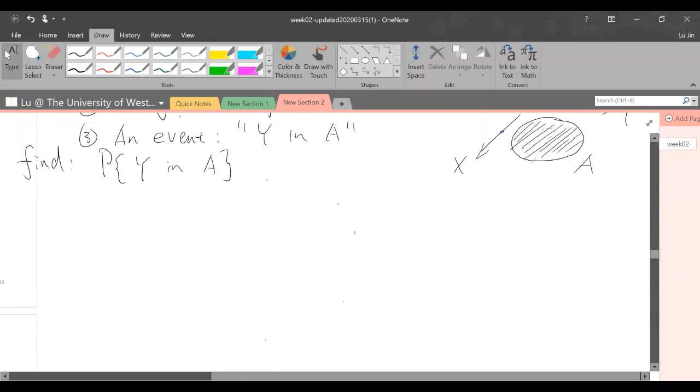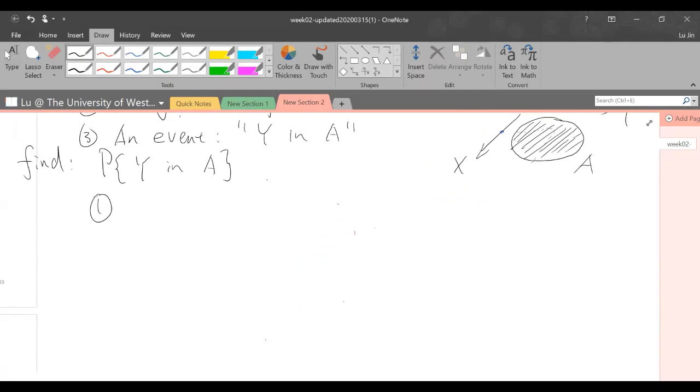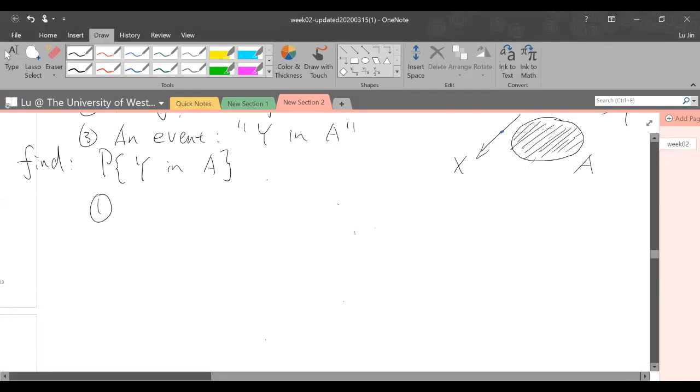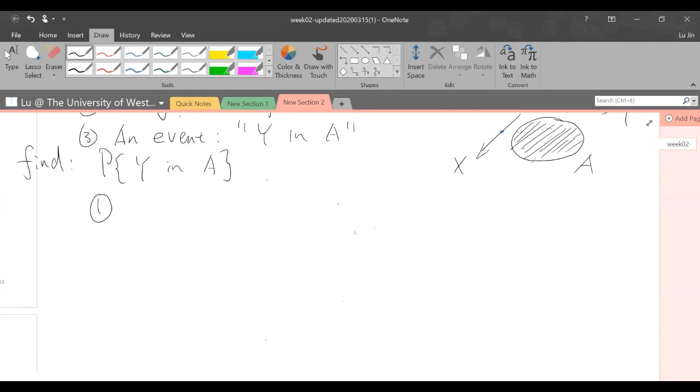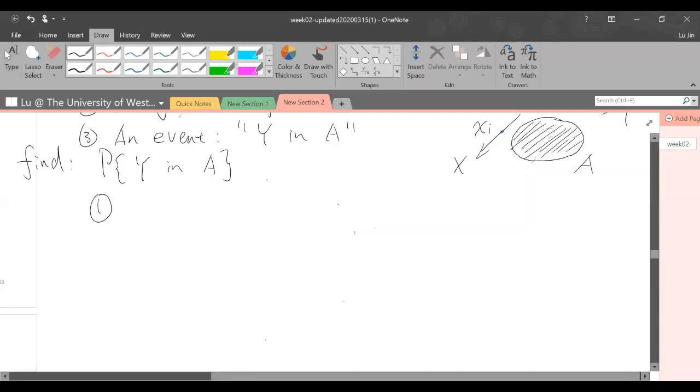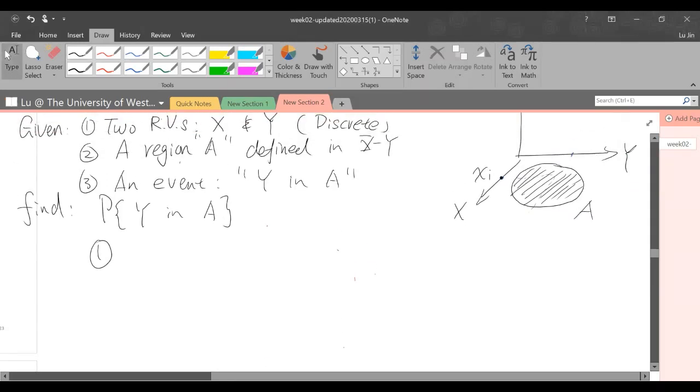In step 1, I temporarily focus on Y. But for X, because we must use X to help Y define a point, so that we can say whether the point is in or out of region A, I temporarily fix the position of X. Here we call it xi, just a general x value. This xi value is temporarily fixed in step 1, and based on this condition, the xi value is denoted by this dashed line.